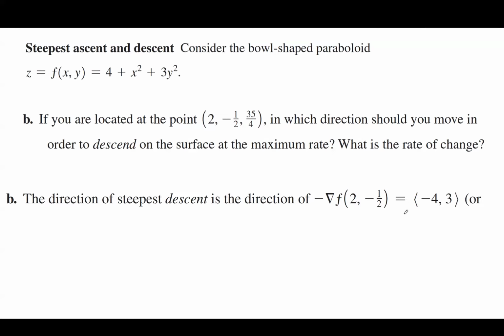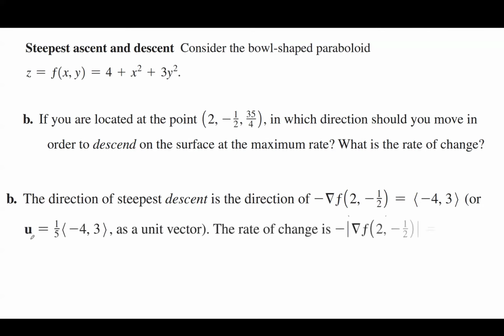So you basically multiply 4 and -3 by a negative sign, and you get -4 and 3. Or in unit vector form, you divide -4 and 3 by the magnitude of this vector, which is 5. The rate of change is minus the magnitude of the gradient, or -5. As easy as that.